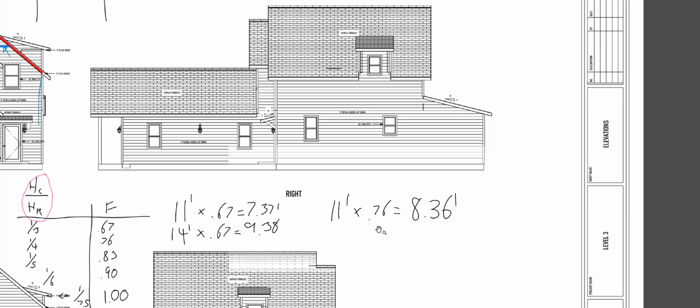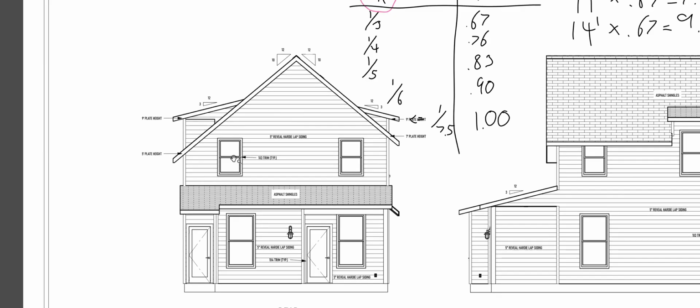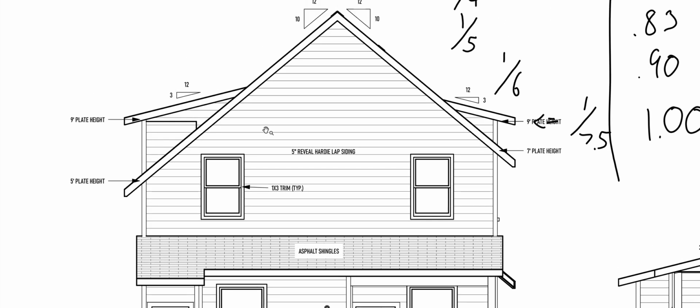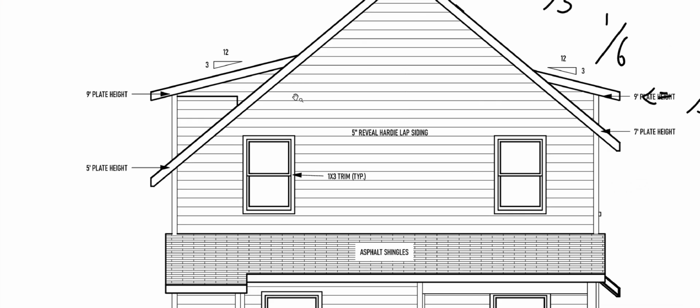I'm going to go back to here to show you what I'm going to do in this view. So I'm going to go to the backside view. We're dealing with this left side of the house here, which is actually the right side of the house, because this is the back view.